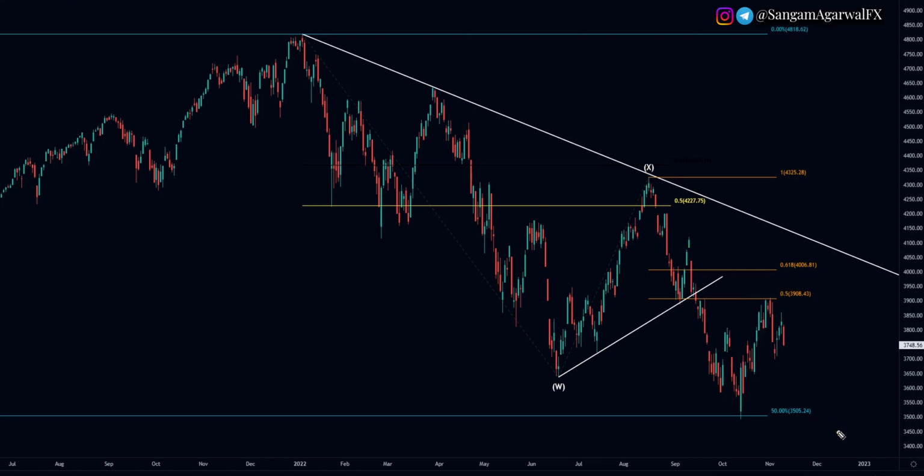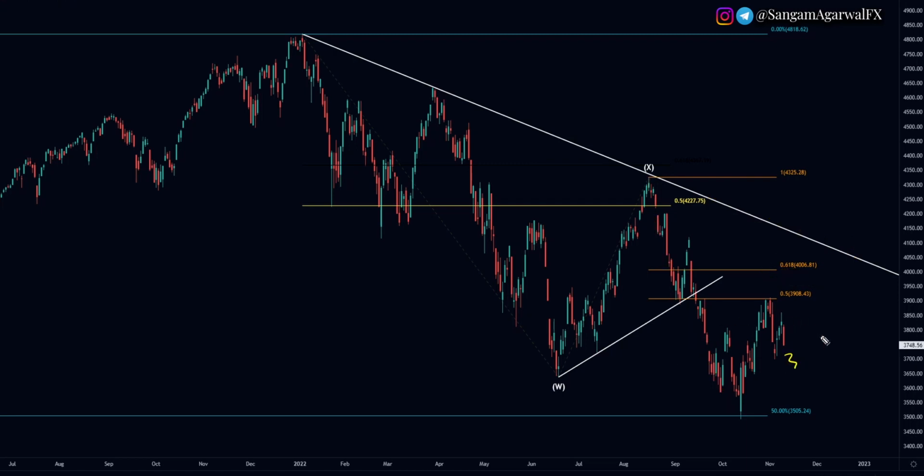But all of these things depend on CPI, which changes the Fed decision in the next monetary policy. So first upside resistance is 4000, which is the 61% retracement of this last wave, and our trend line as a dynamic resistance.